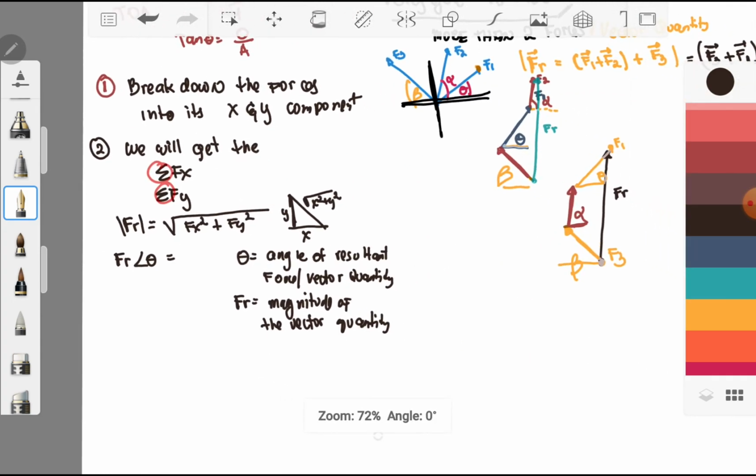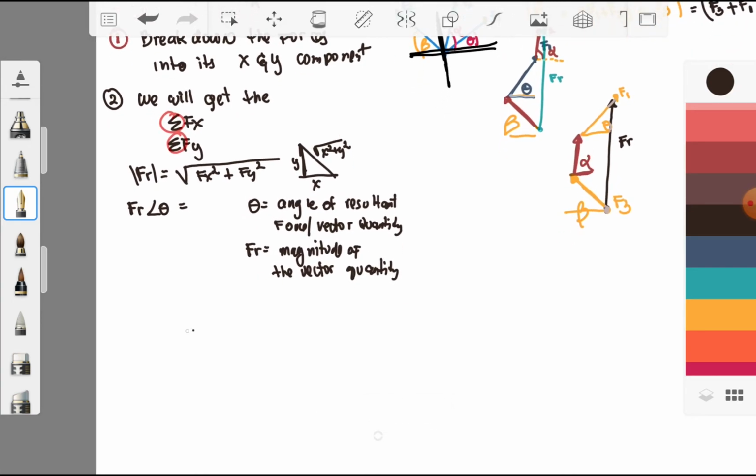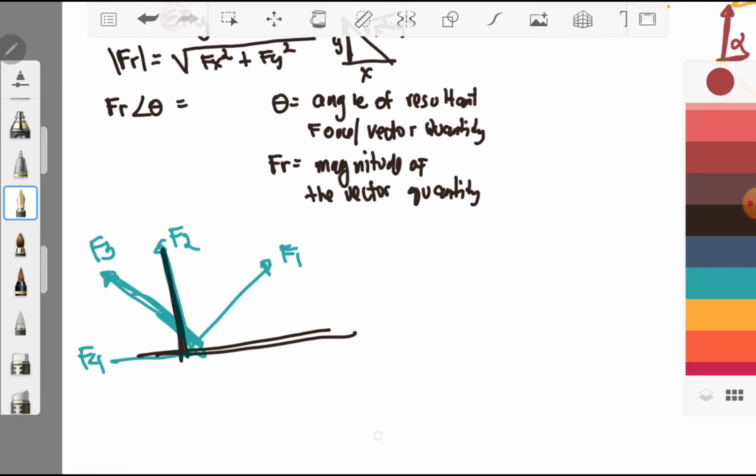From the definition, if I have, let's say, more than 3 forces, F1, F2, F3, and F4, let's say I have the angles of each force.